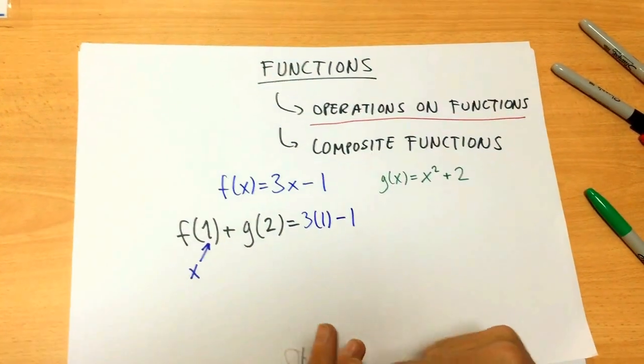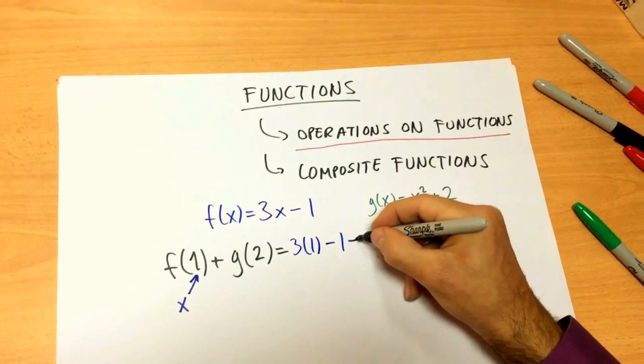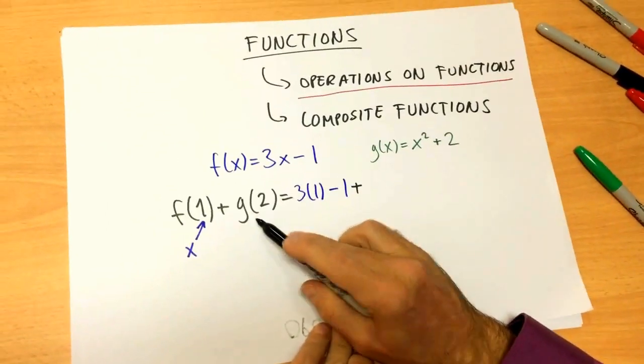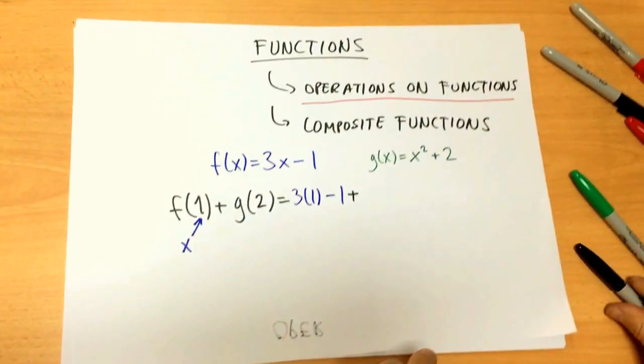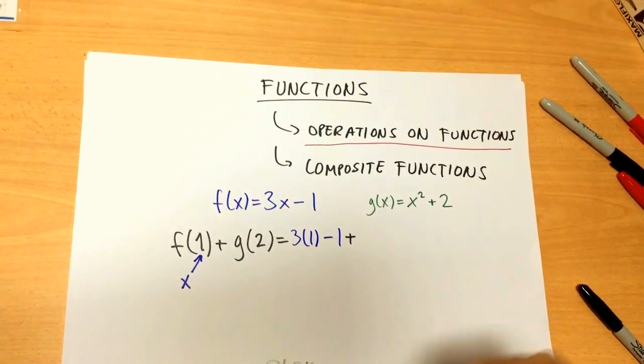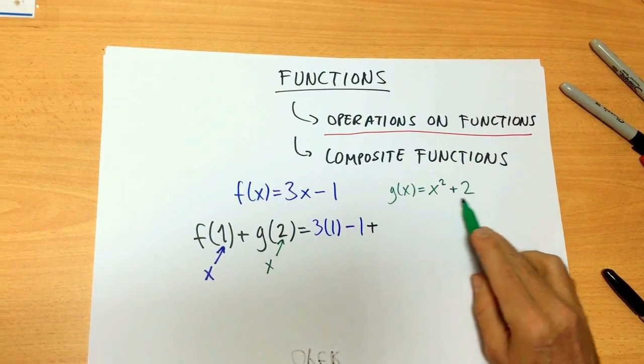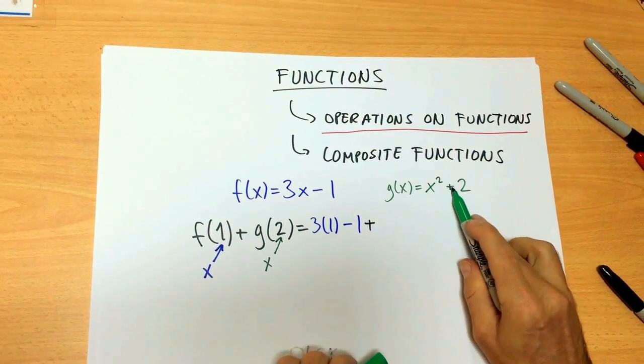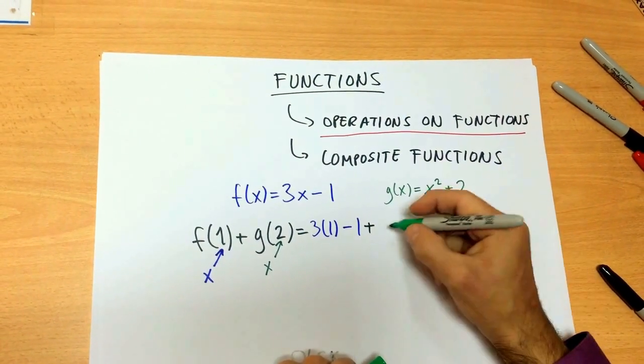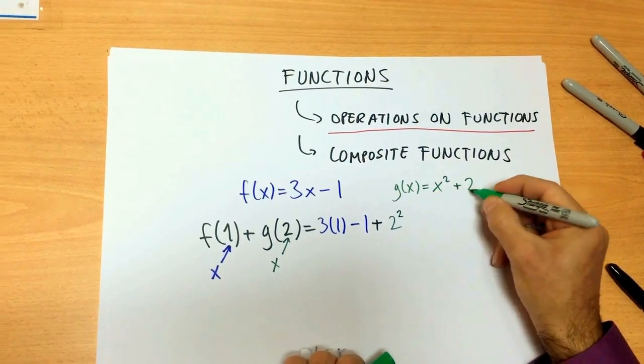Okay, and then I want to add g of 2, but for g, I have a different treatment of my variable x. So now x is equal to 2, but for g, so 2 squared plus 2 I should have, because that's what my g is telling me. So 2 squared plus 2.